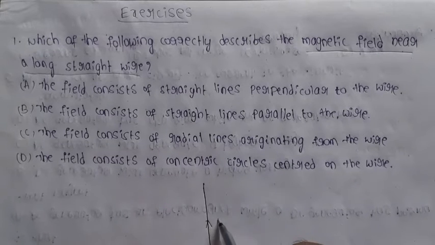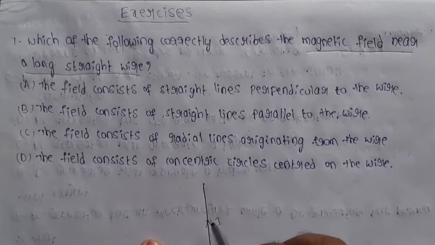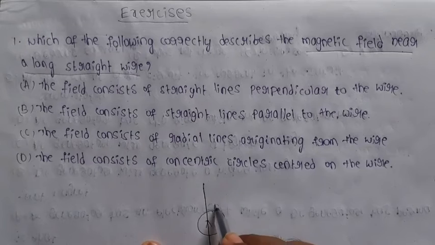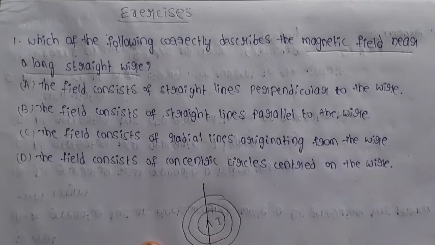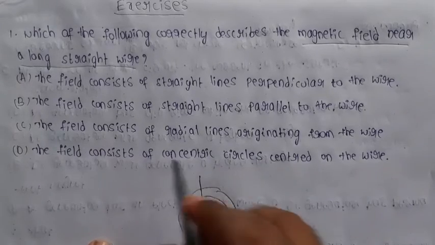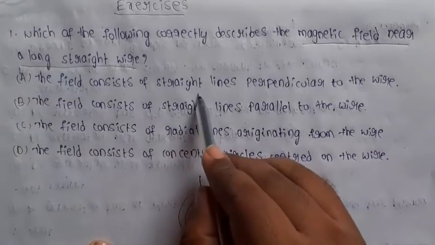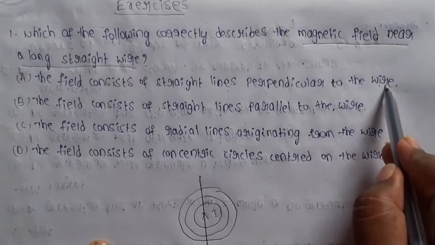When some current flows in this straight wire, the surrounding magnetic field is produced as concentric circles. To find the direction of the magnetic field we use the thumb rule. So see the options here. The field consists of straight lines perpendicular to the wire.